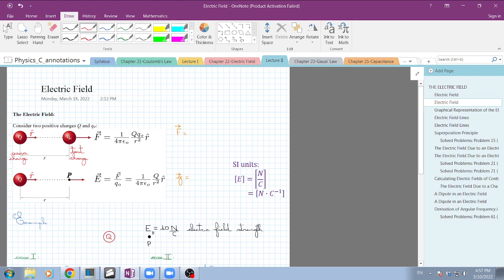Every time we have charged particles or a group of particles, we are interested in calculating the forces. This is the main goal of this class. We are trying to find the forces that are acting on those particles.